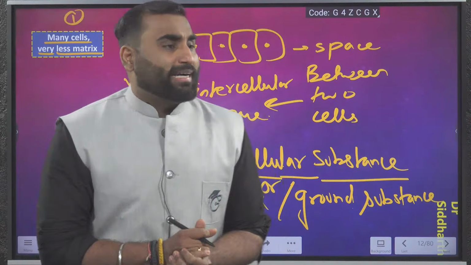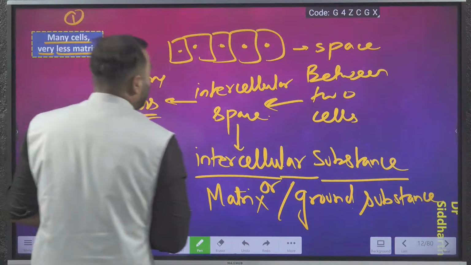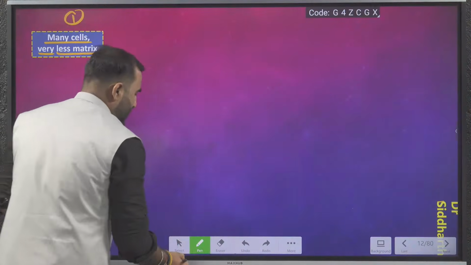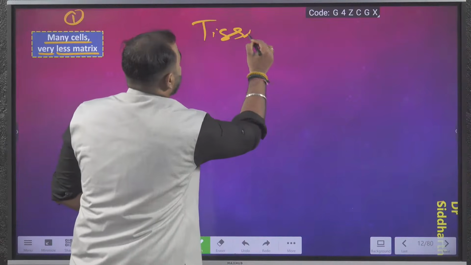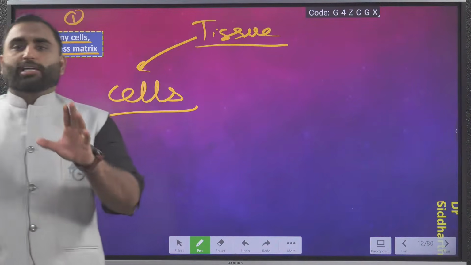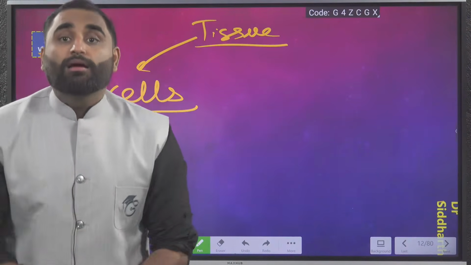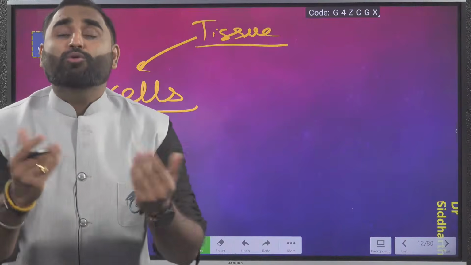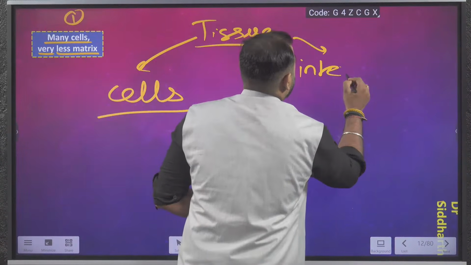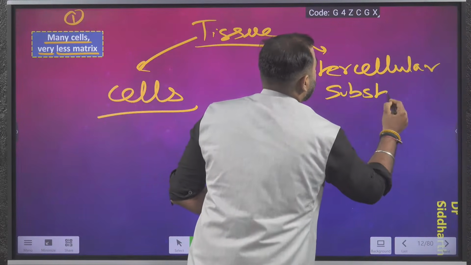Sir, matrix can be said as extracellular substance? Yes, yes, yes. Let me clear your doubt once and for all. Tissue contains cells, and whatever is outside the cell, you will call it intercellular substance.